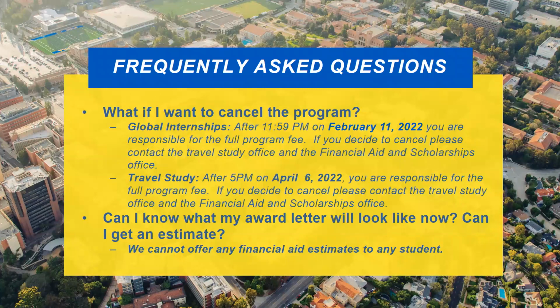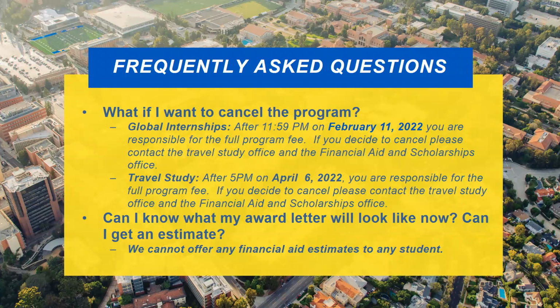Now, can I know what my award letter will look like? Can I get an estimate? No, it's going to be hard to give you an estimate. I can't give you any more of an estimate than what I just did because, as I said earlier, we don't even know the amount of the university grant that we're going to be giving out next summer.